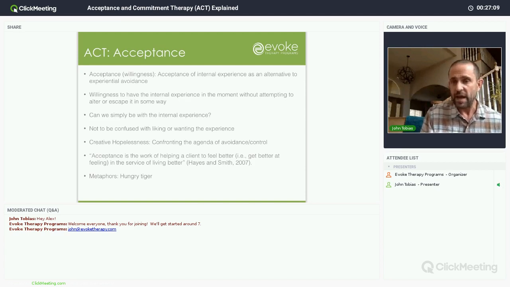In the short run, yeah, it works. I mean, let's think of drugs and alcohol. It works, right? Otherwise, people wouldn't do it. But it has a big cost, right? And so it makes it more unworkable in the long run.